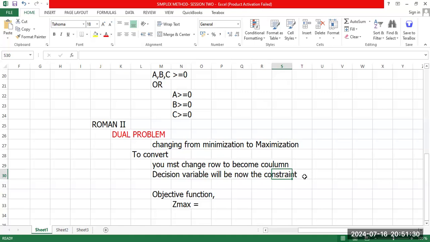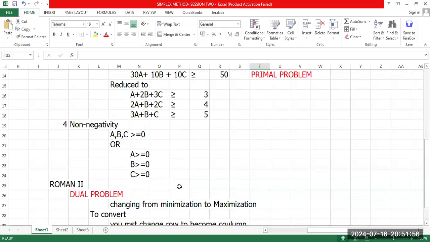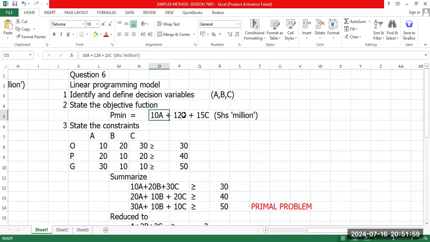It's like the opposite. And our constraints will now be the decision variables. What do I mean? You see here, A, B, and C. Do you accept that this A, B, and C were our decision variables?